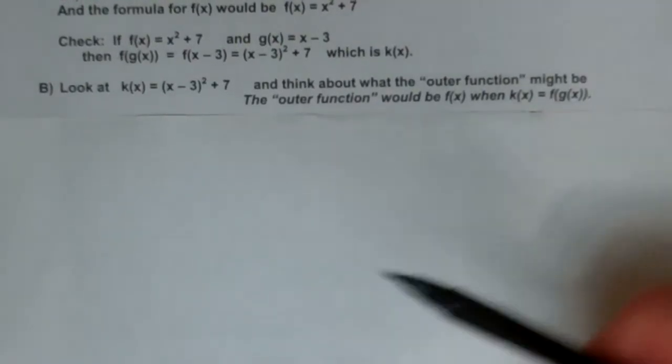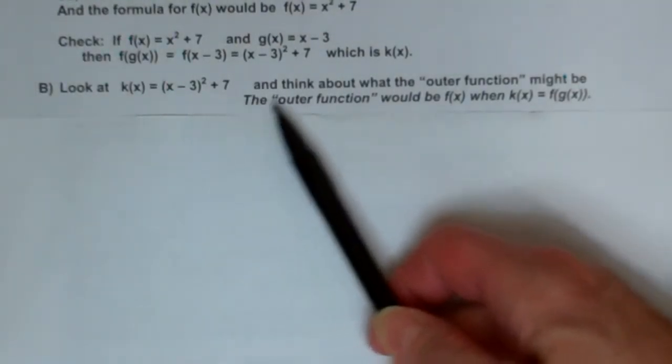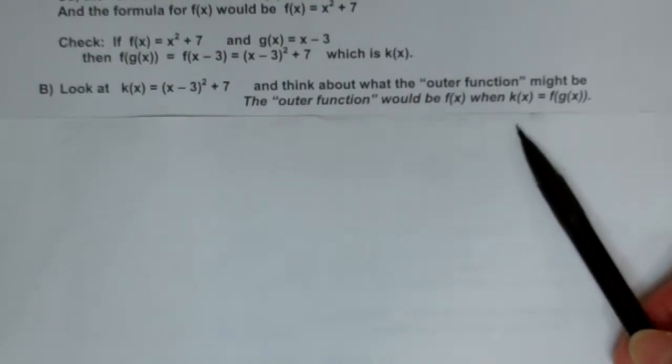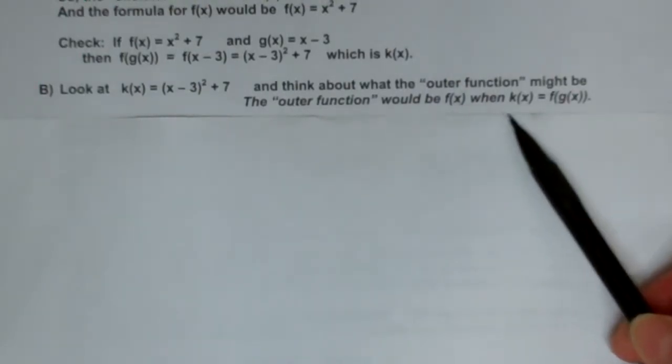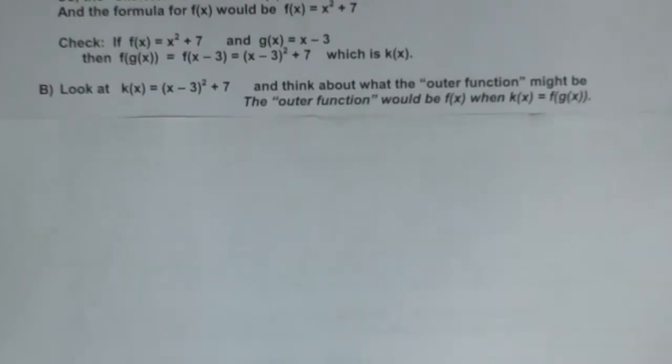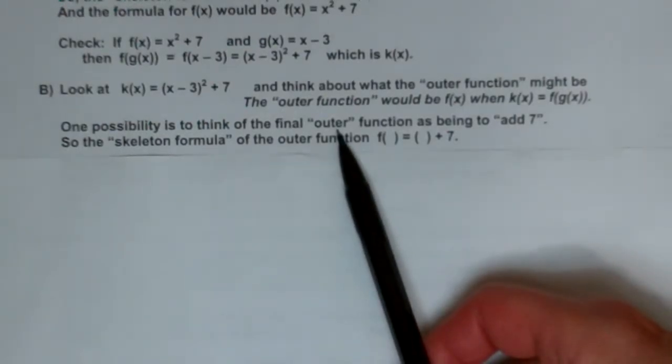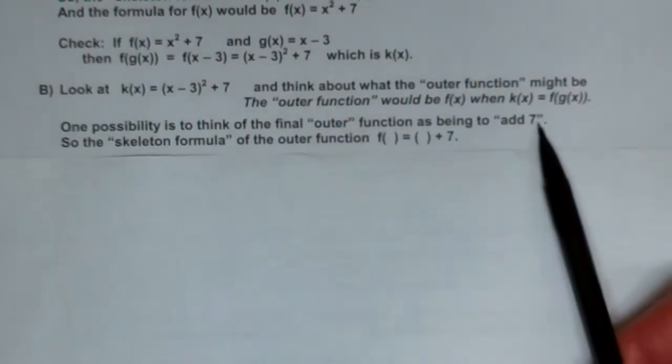Let's look at k of x again in part B here, and think about what the outer function might be. You can think about the outer function or the inner function first. So in this approach, we're going to think of an outer function. The outer function would be the f of x function when k of x equals f of g of x. One possibility is to think of the final thing that's getting done in this function, the outer part, as being simply add a 7.